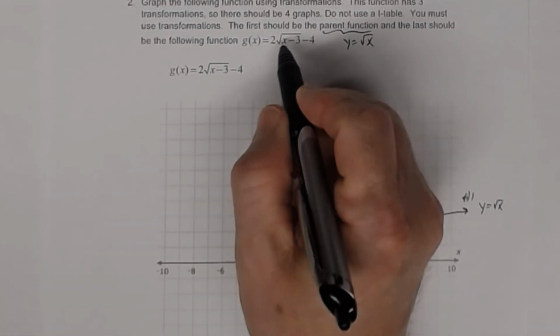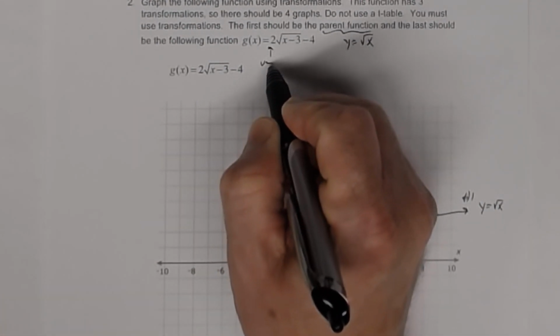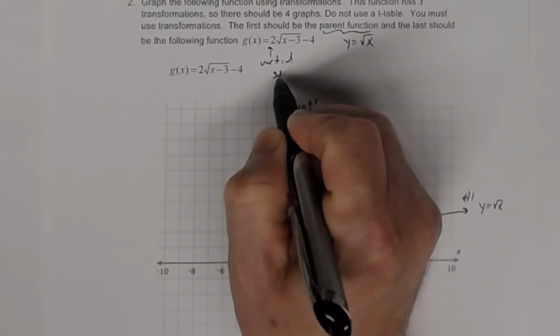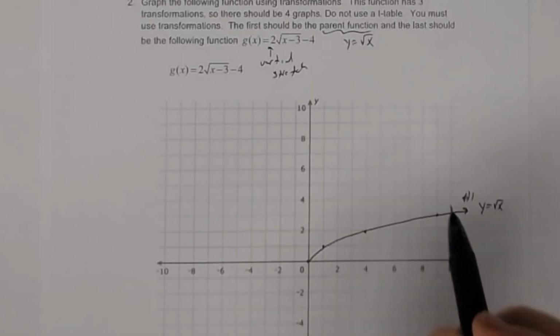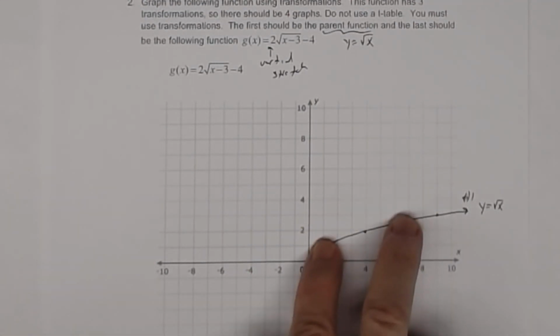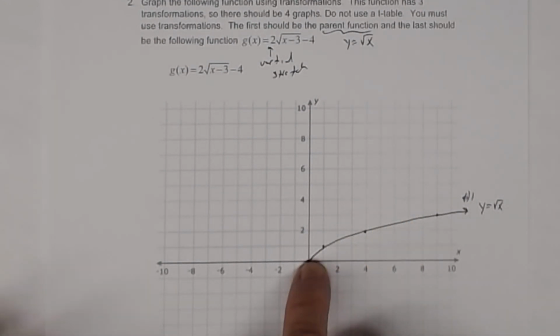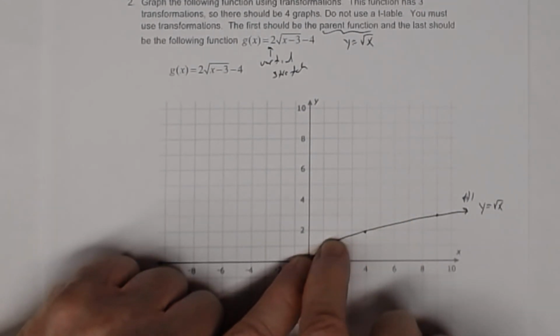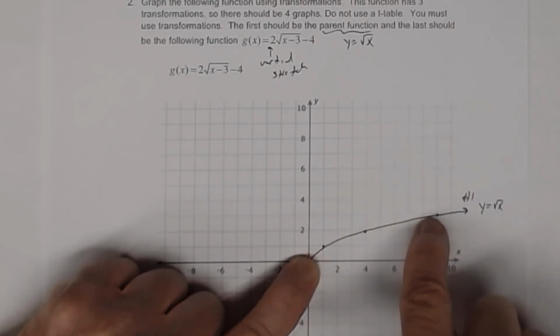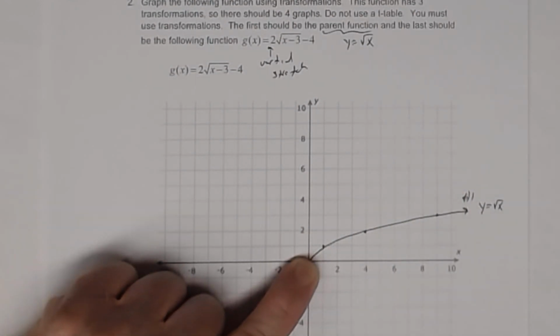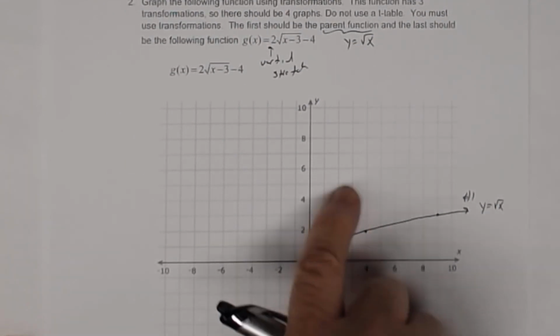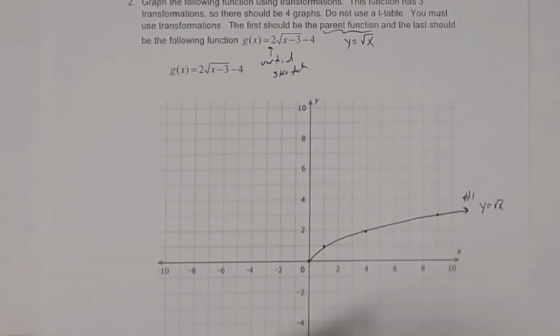Basically, it's like putting your foot here and pulling it up, like a rubber band. You're pulling it up, moving it away from the x-axis.